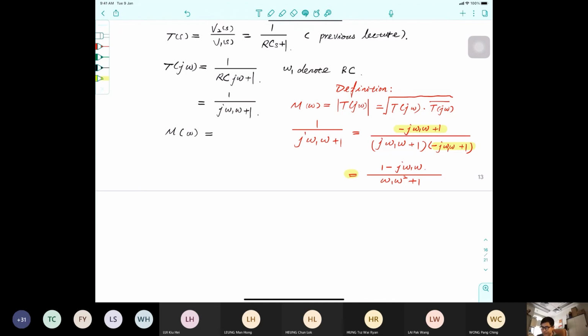M(ω) is the absolute value of 1 over jω1ω plus 1. How to calculate here?